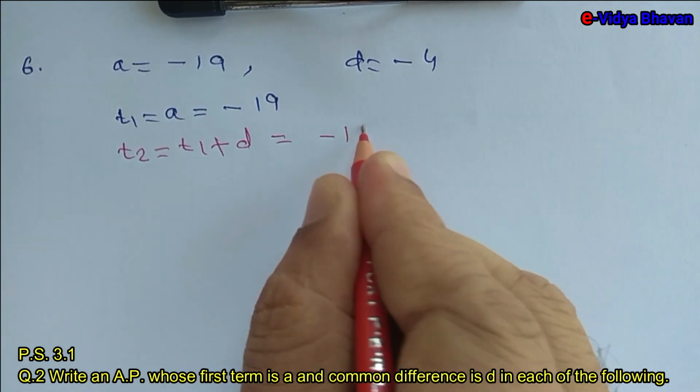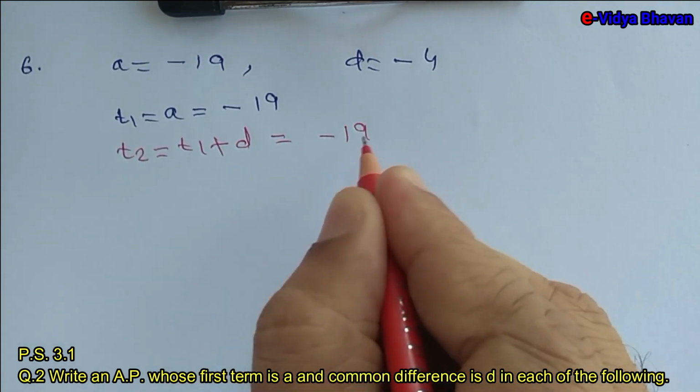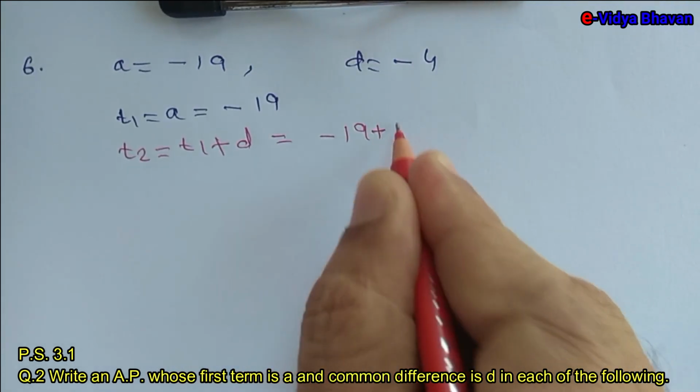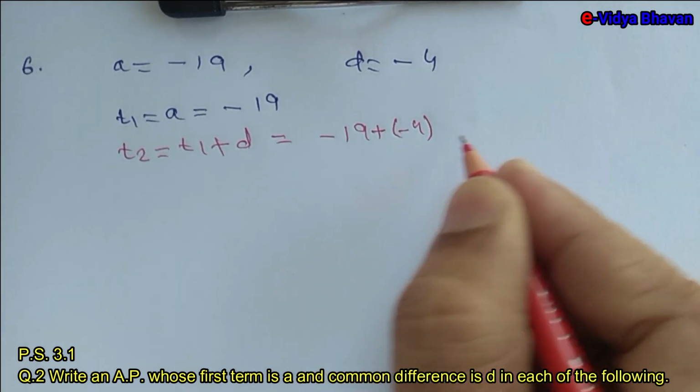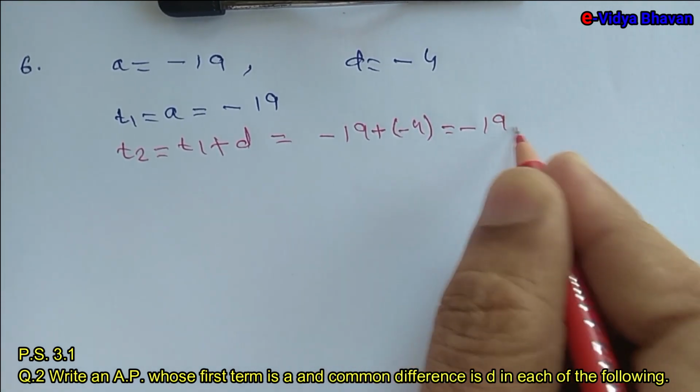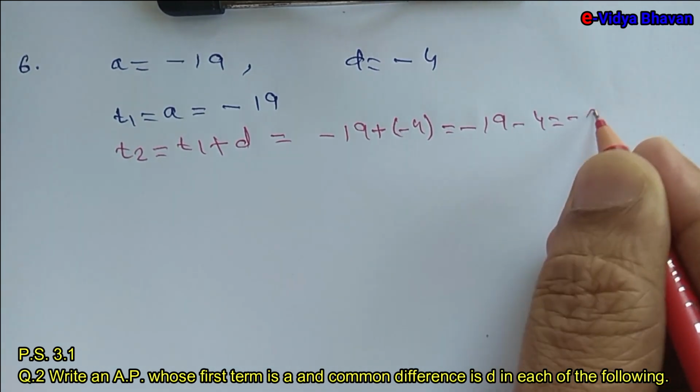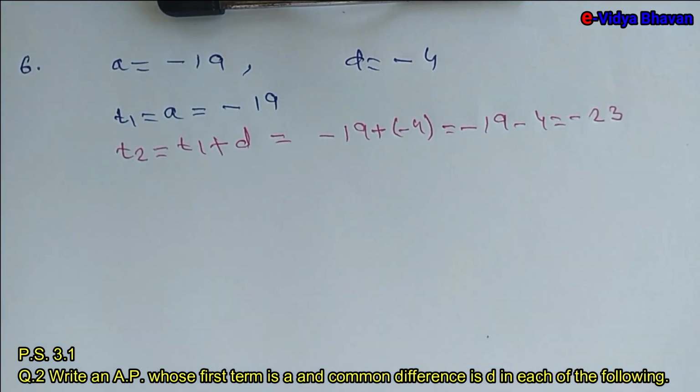Minus 19 plus D minus 4. So we are having minus 19 minus 4, minus 23.